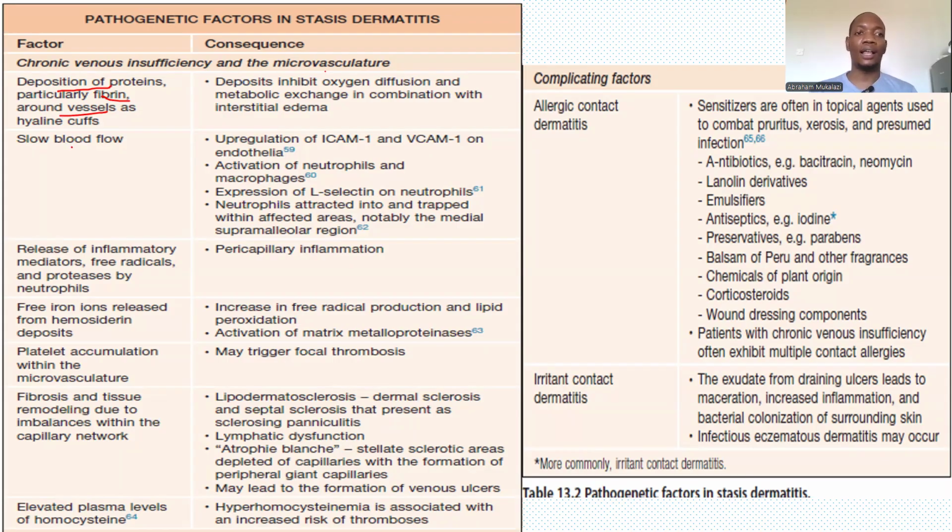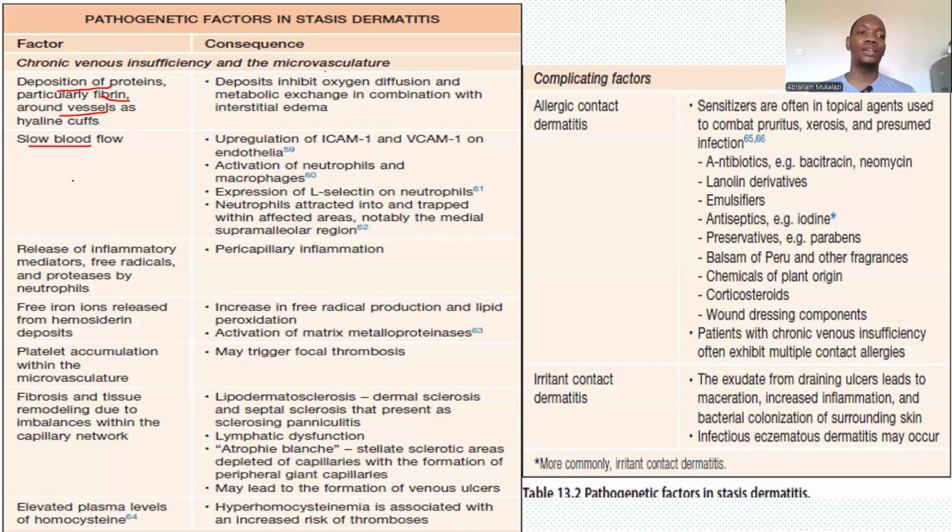At the end of it all, this can inhibit oxygen diffusion as well as metabolic exchange, and this will now complicate to give you edema. Then you have slow blood flow because of the congestion and maybe the obstruction, and the backward flow of blood in the veins if you have incompetent valves.